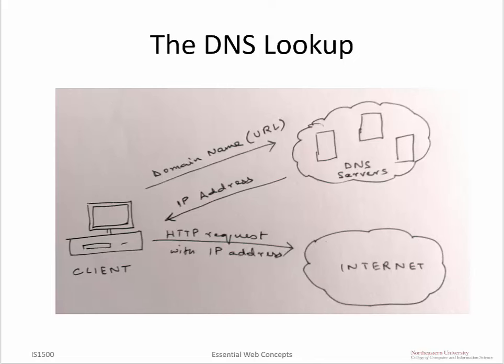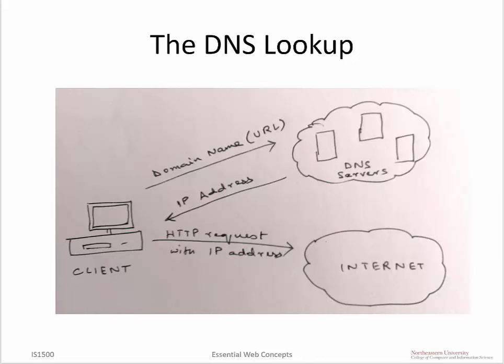Now, once you have been able to look up the DNS entry, the client, the browser, gets the IP address. It can now make an HTTP request with that IP address and go to that server that contains the document you're looking for. So actually going to a web page is a two-step process. The first step is to find the IP address from a DNS server.